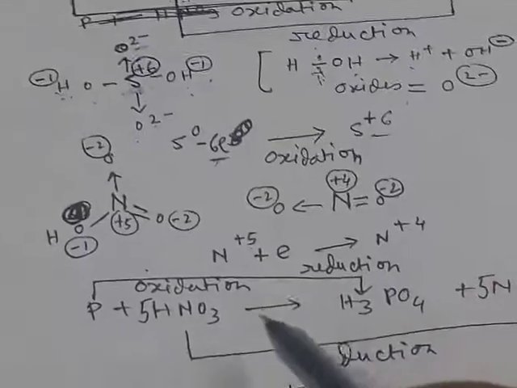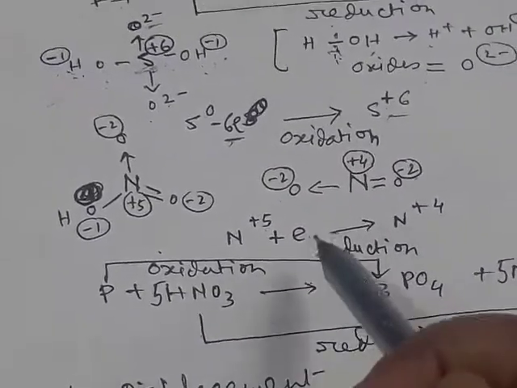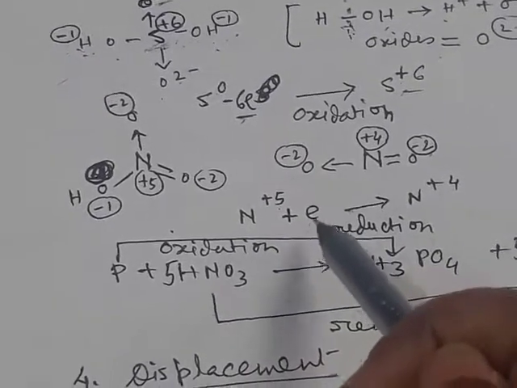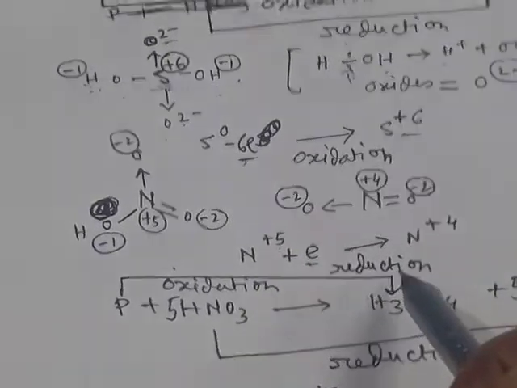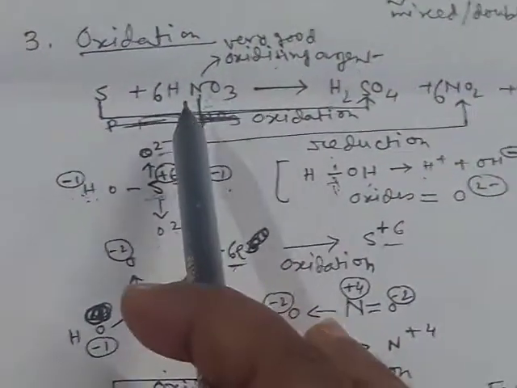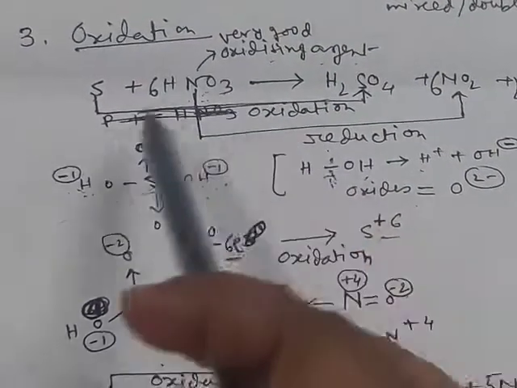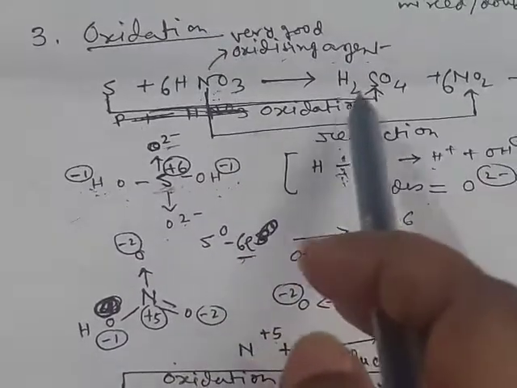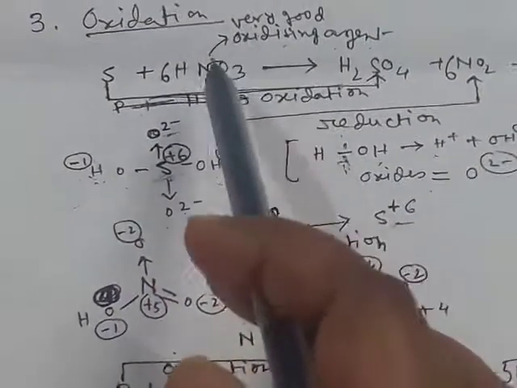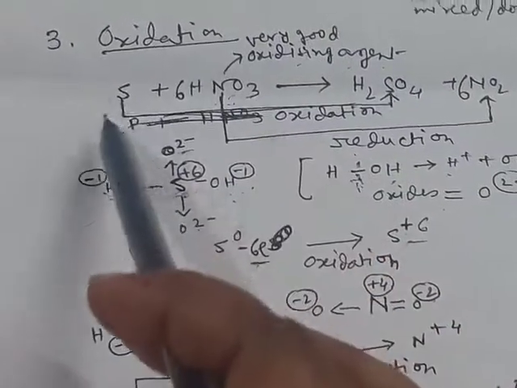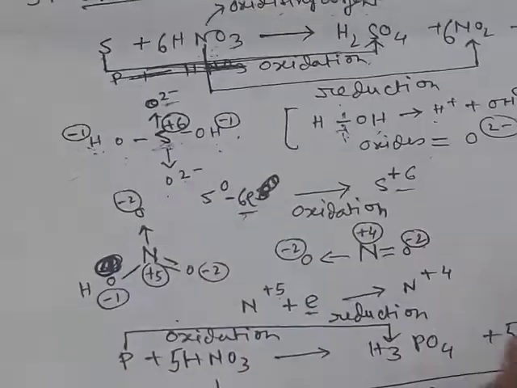So from nitrogen +5 to +4, there will be addition of 1 electron, and we know addition of electron is the reduction process. So nitric acid is reduced to nitrogen dioxide, this is reduction, and sulfur is oxidized to sulfuric acid, this is oxidation. That is, here nitric acid acts as an oxidizing agent. It oxidizes sulfur to sulfuric acid and itself gets reduced to nitrogen dioxide.